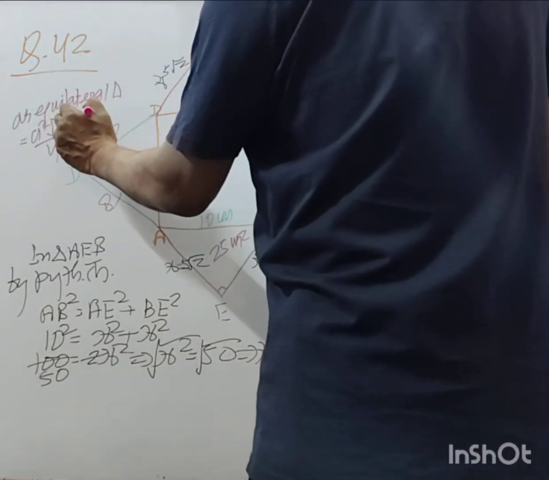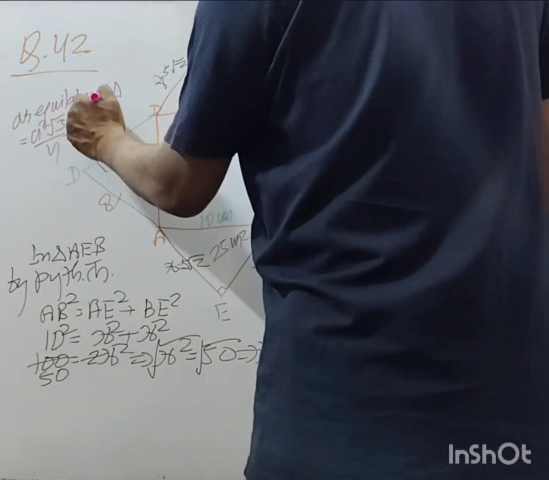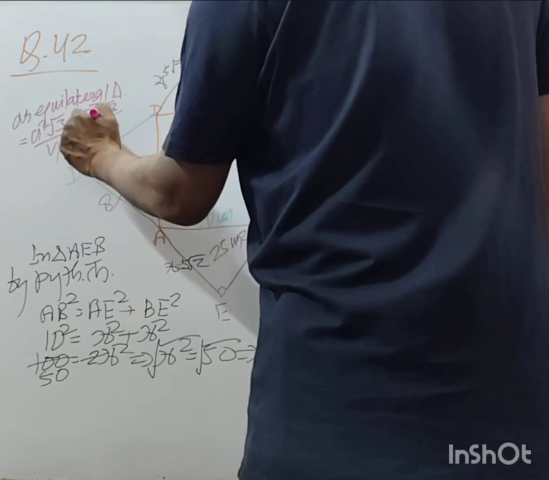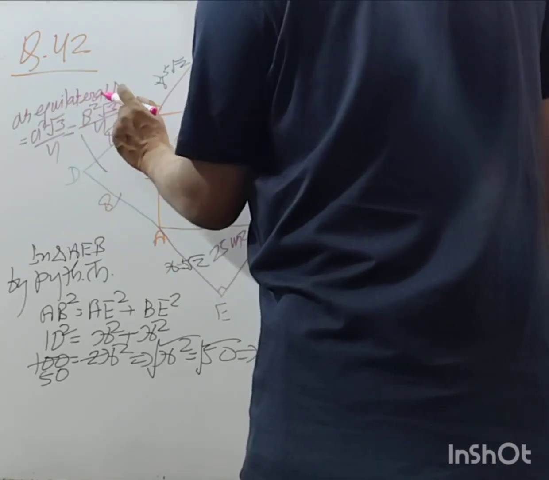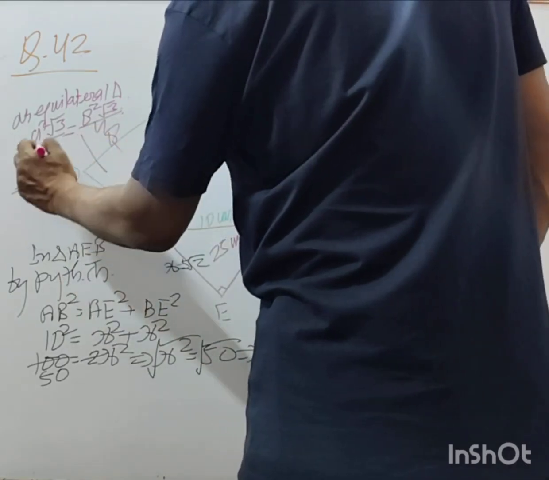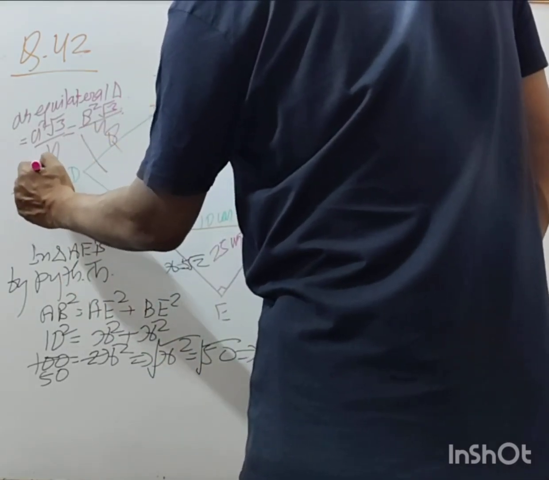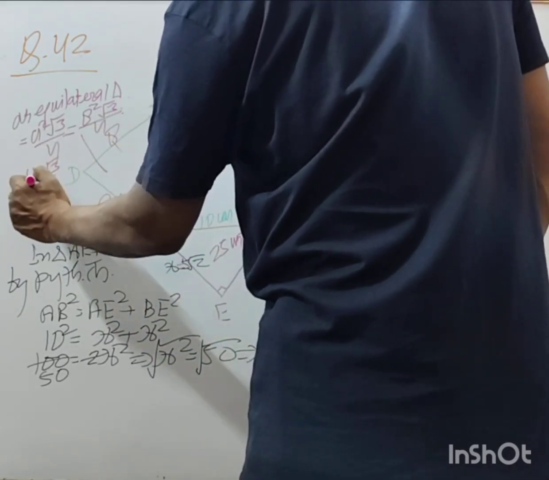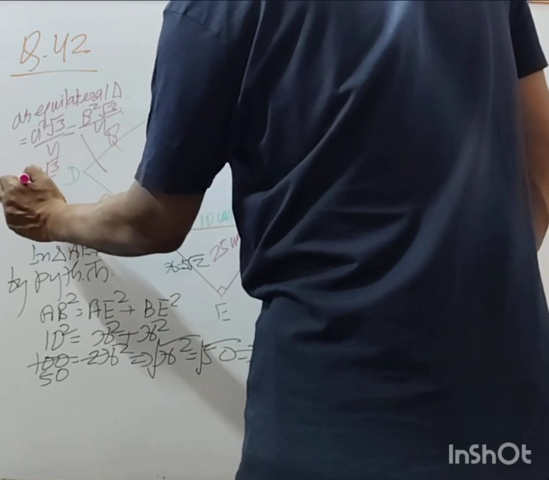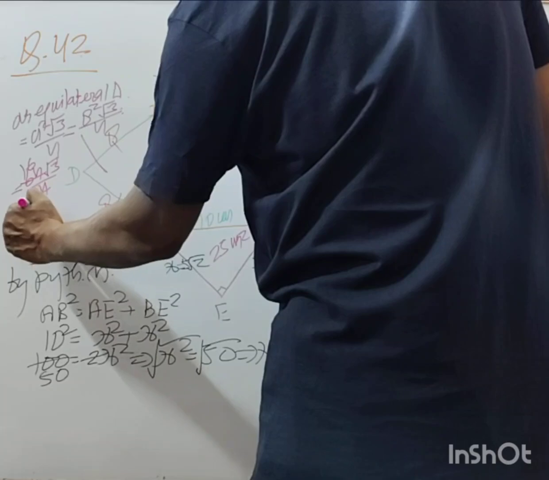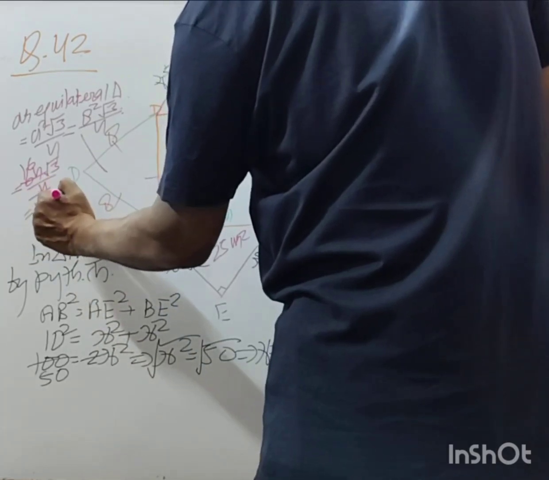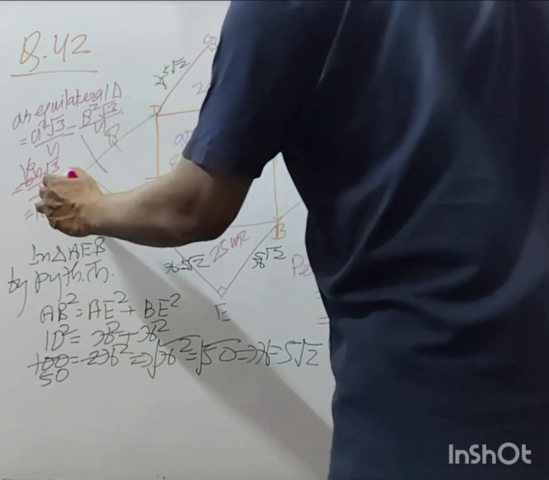So it is root 3 upon 4 into 8 square. It becomes 64 root 3 upon 4, which is 16 root 3 centimeter square.